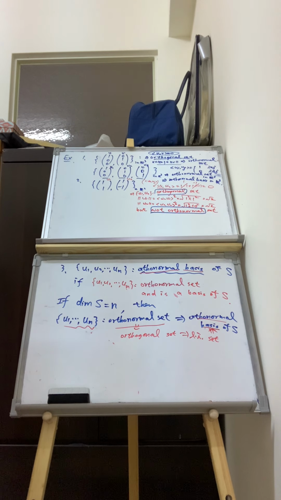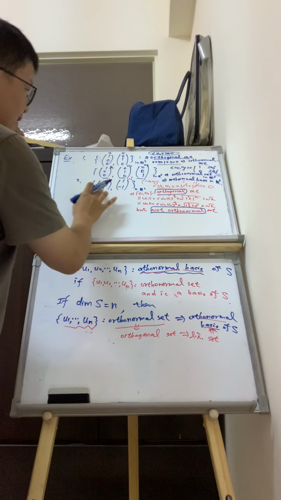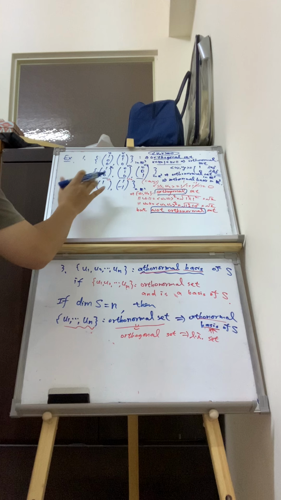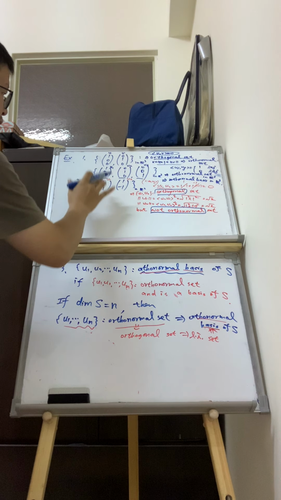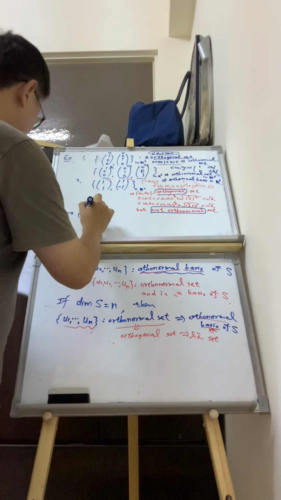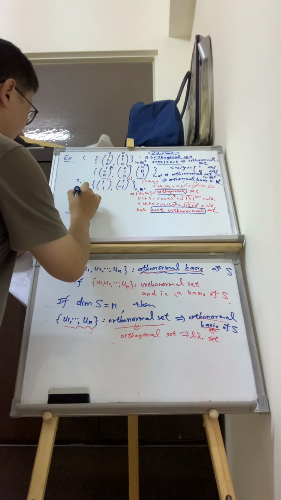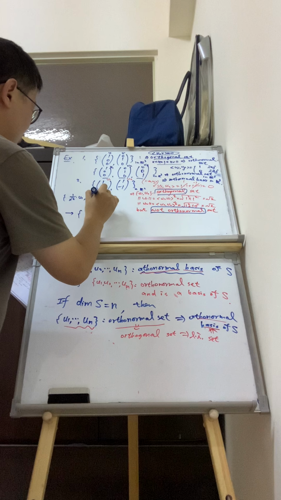The length of u1 is the square root of 2. So if we divide by the square root of 2, we consider the vectors 1 over square root of 2 times u1 and 1 over square root of 2 times u2.